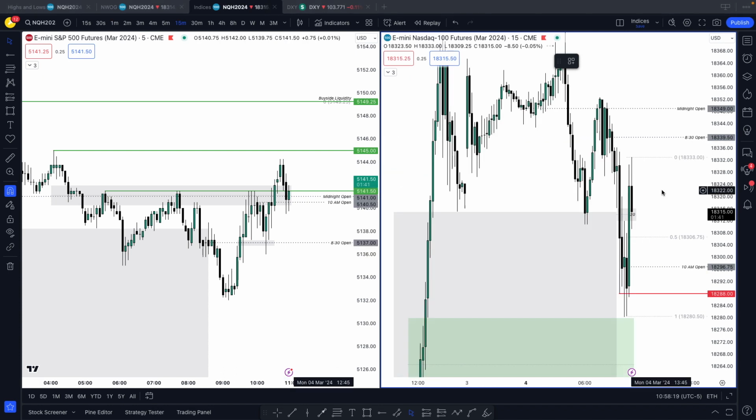You can still note that there's a little area of inefficiency there on the 15-minute chart. So you have the candle closure here in a minute and a half. Price can draw back into that area, so you want to be aware of that.